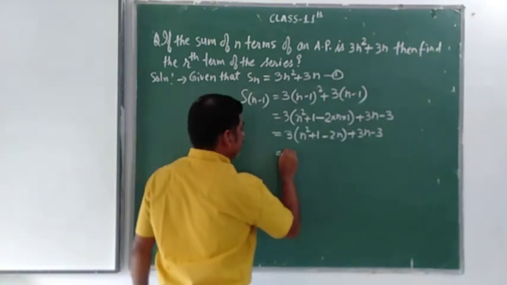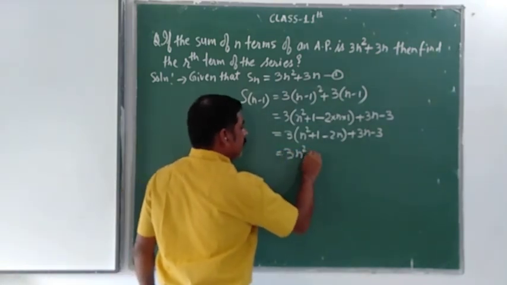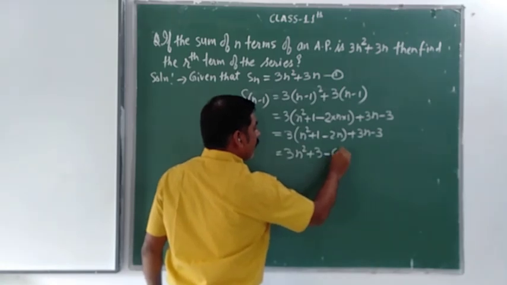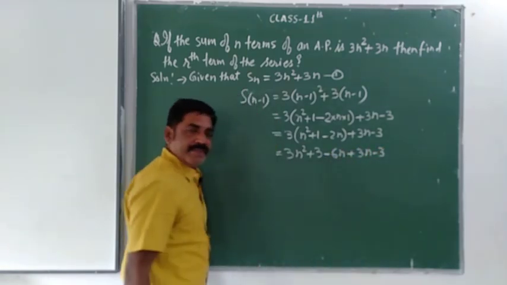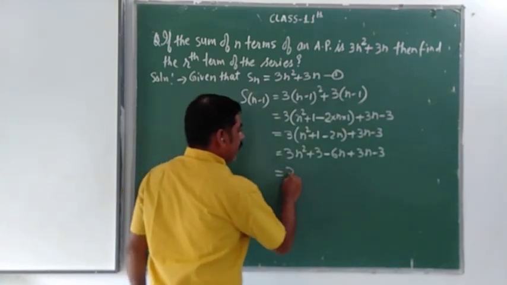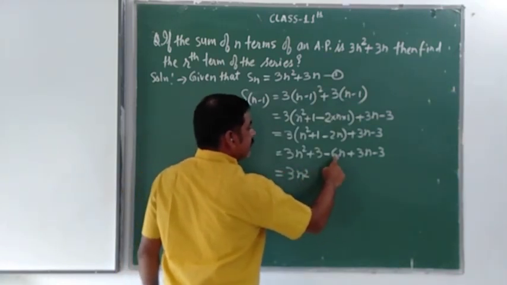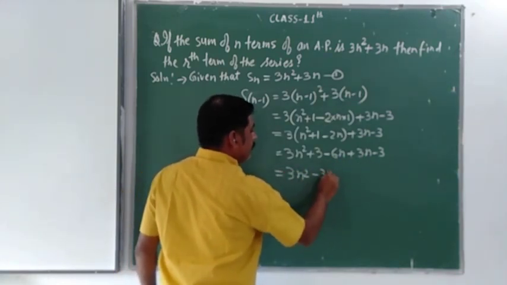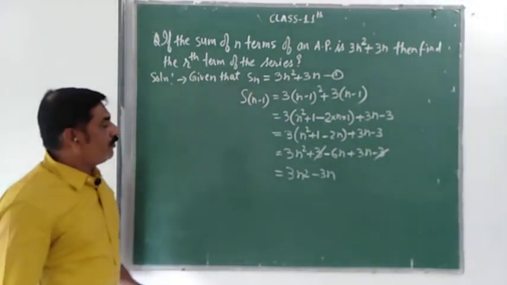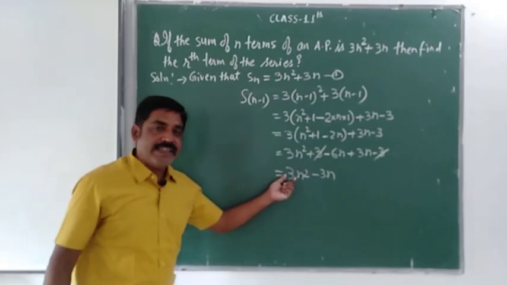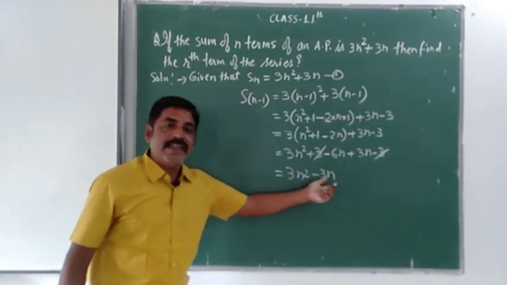Simple multiplication: 3n square plus 3 minus 6n plus 3n minus 3. Now 3n square minus 6n plus 3n minus 3. The 3 and 3 cancel. So we have Sn minus 1 as 3n square minus 3n.